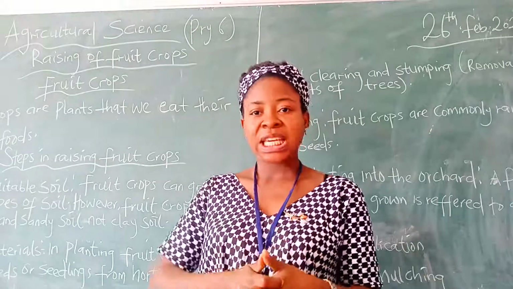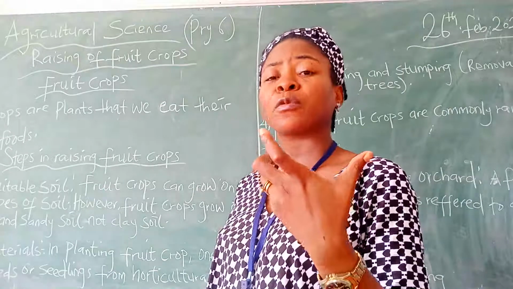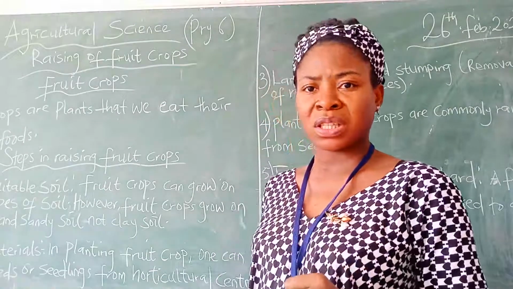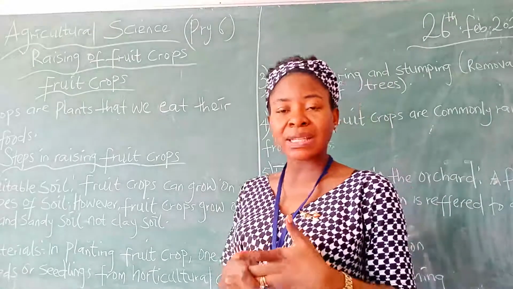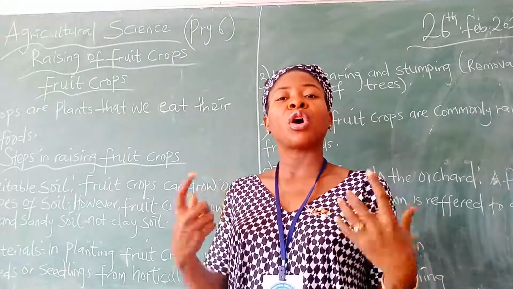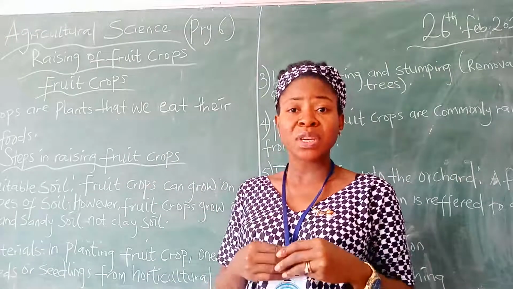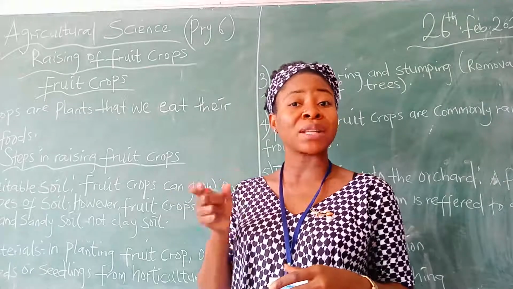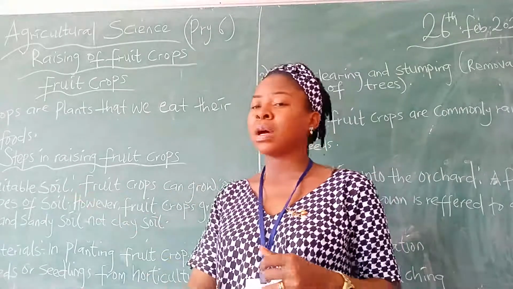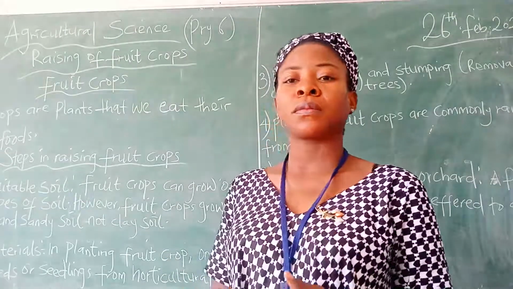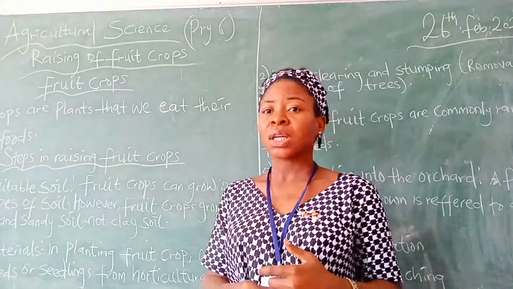Now, here we say that we plant fruit crops on different types of soil, but however, you cannot plant your fruit crop on all the soils. It must be a particular kind of soil, which is loamy soil and sandy soil. You cannot plant your fruit crop on clay soil.